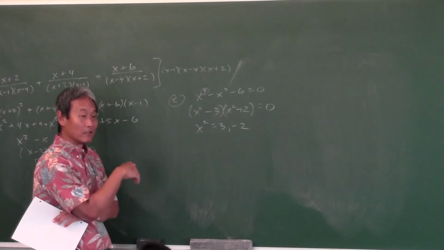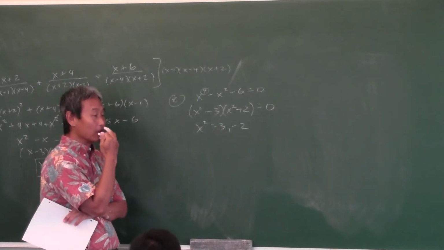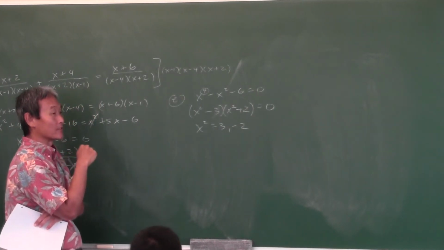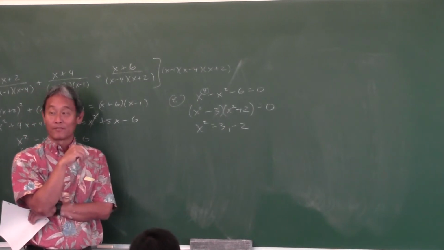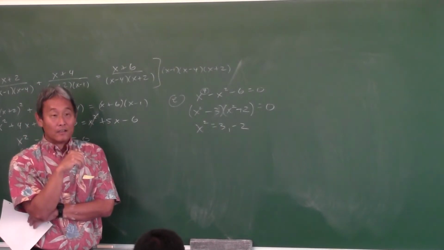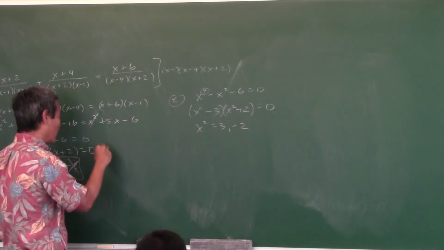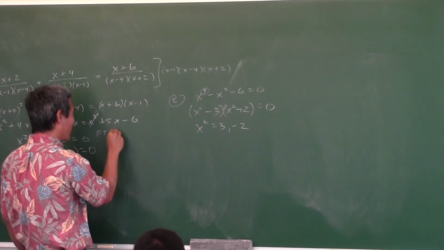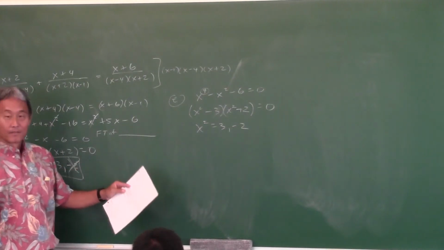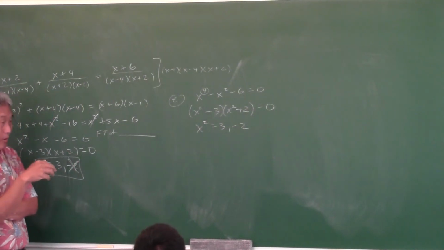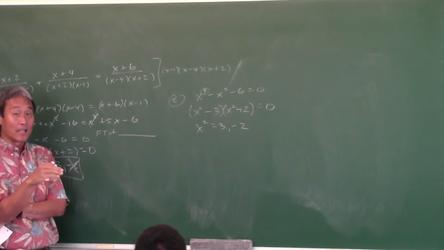A polynomial equation of degree 7 will have 7 roots. What is this called? This is called the Fundamental Theorem of... A polynomial equation of degree n will have exactly n roots.